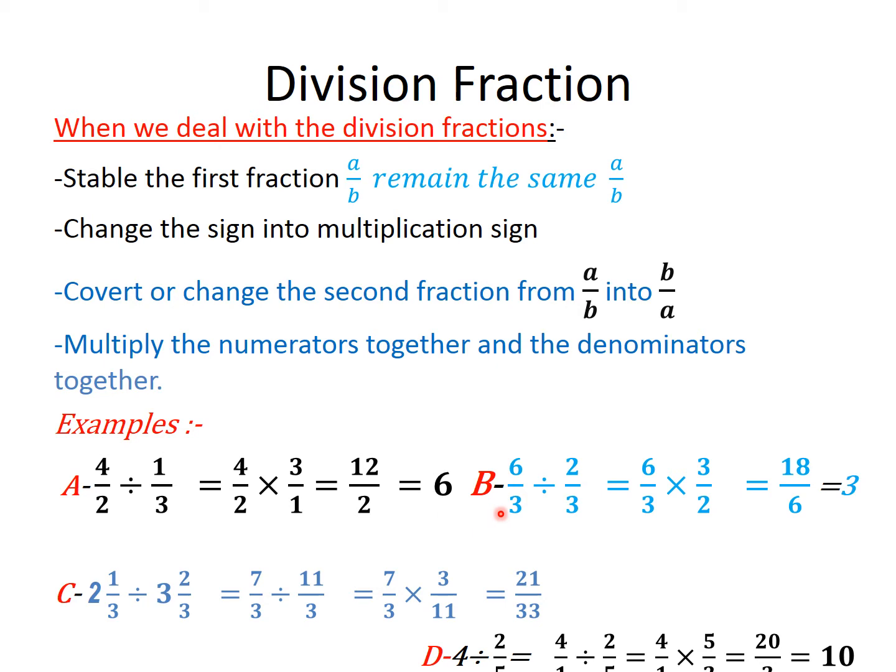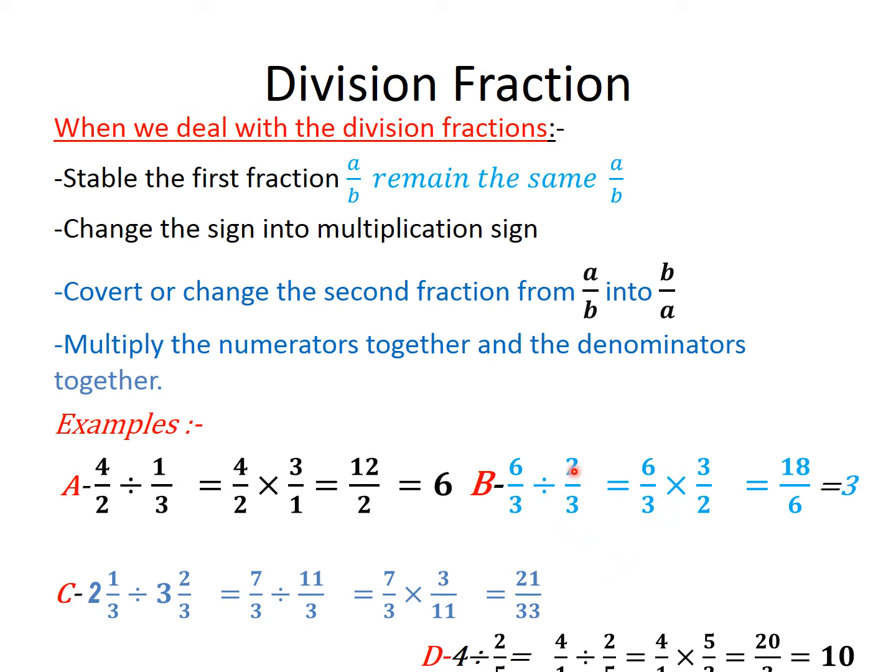And the second example, we have 6 over 3 divided by 2 over 3. Look, stable the first fraction as it is, 6 over 3, and change the sign into a multiplication sign.